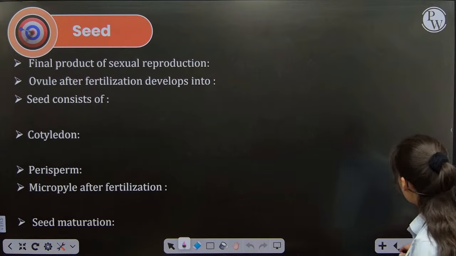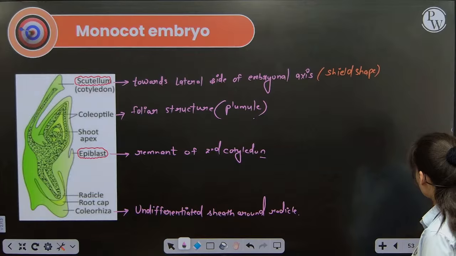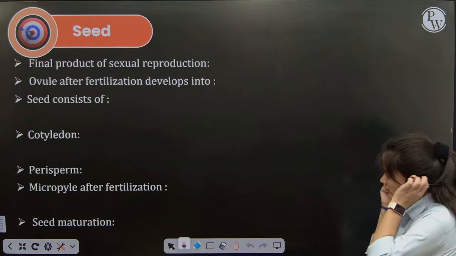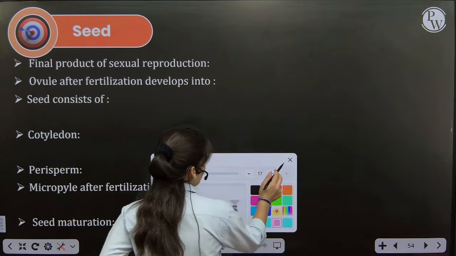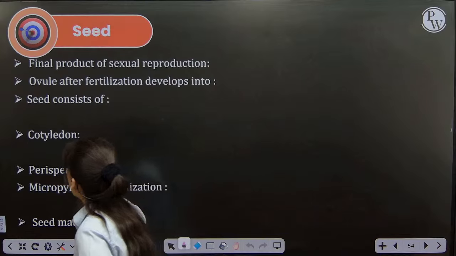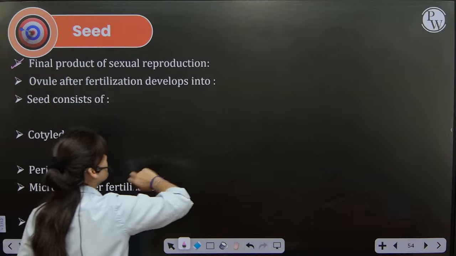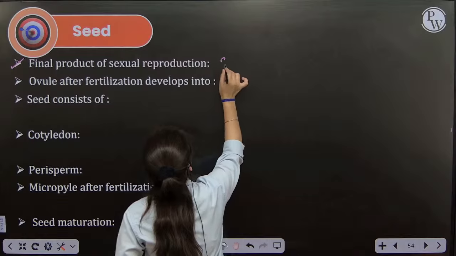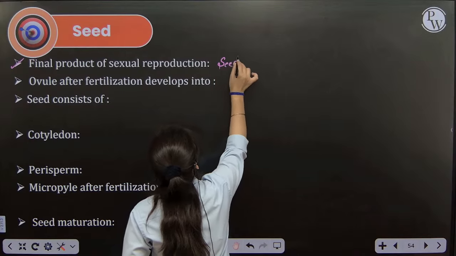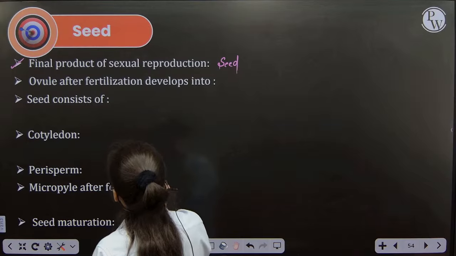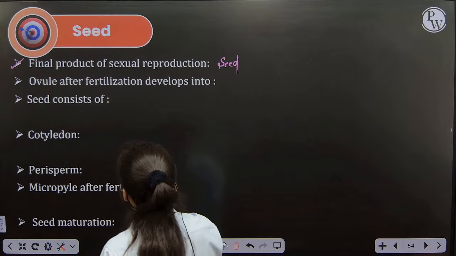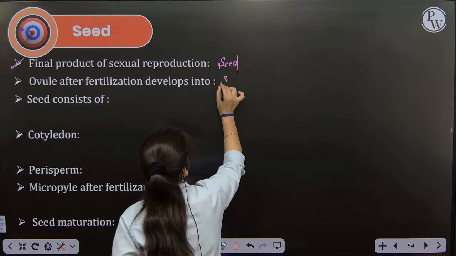Now seed. The final product of sexual reproduction is seed. The ovule after fertilization develops into seed.